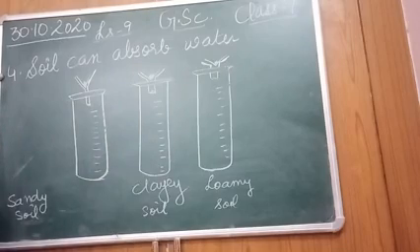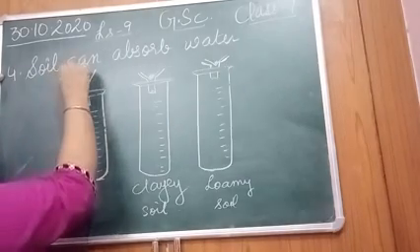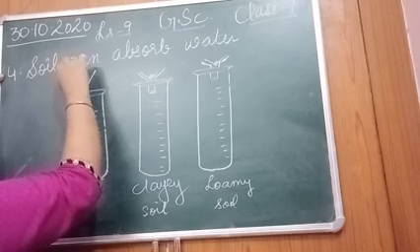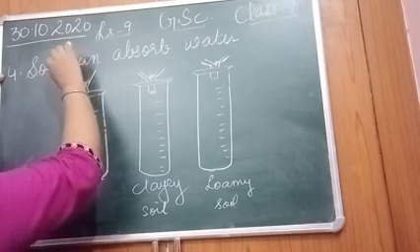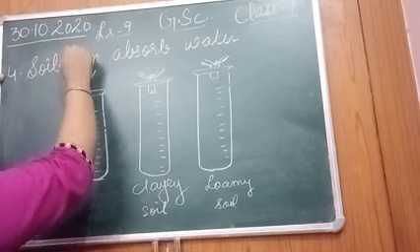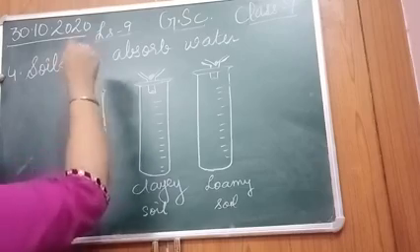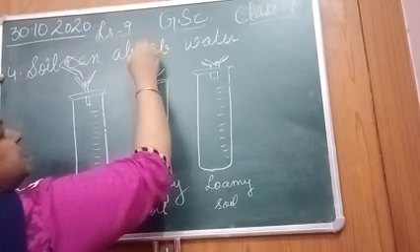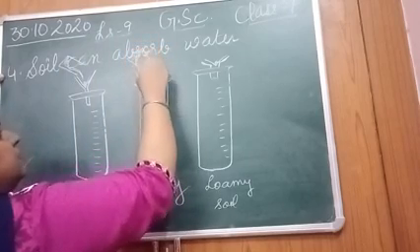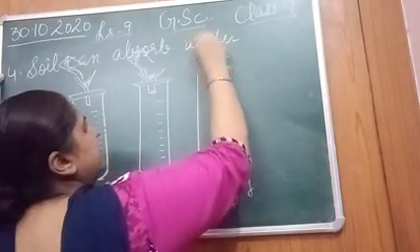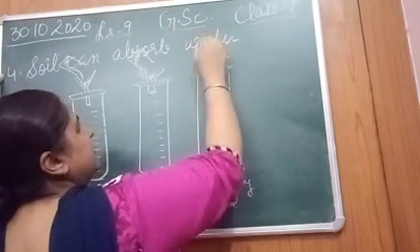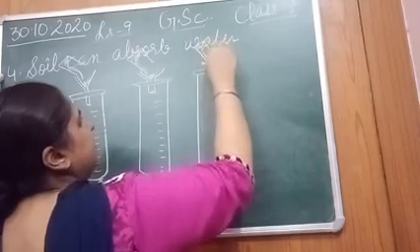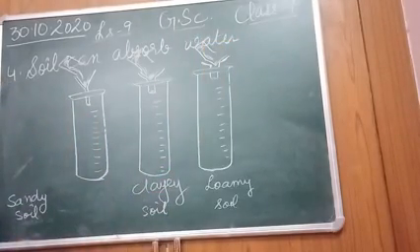Equal amount of soil, 50 milligrams you can say. Now add water to it. Same amount of water you have to add. Say 50 ml of water I am going to add in all the three cylinders. This is the water I am adding.